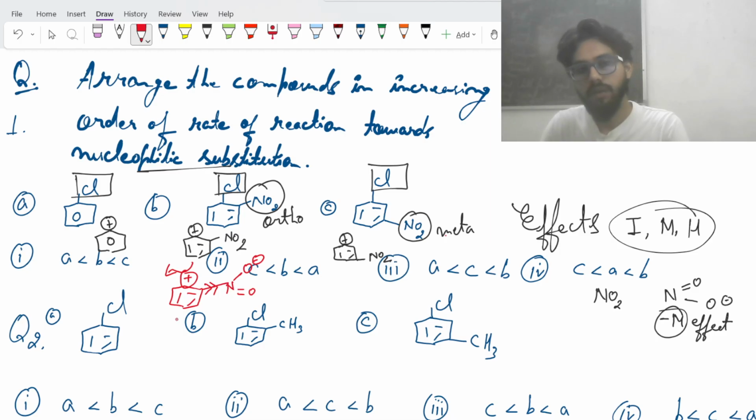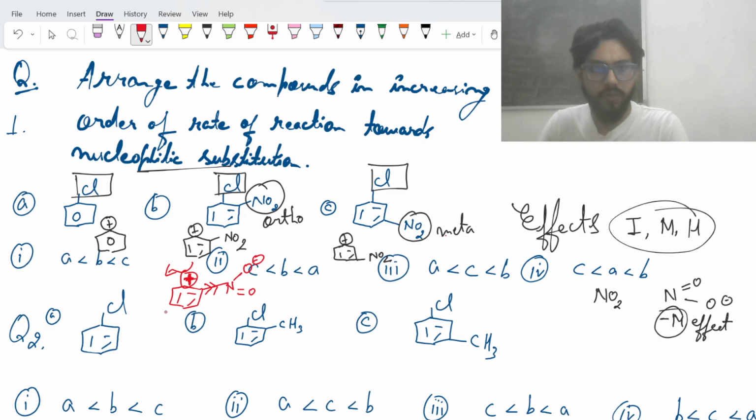And when it withdraws the electrons, what will be the effect on this positive charge? The positive charge will increase, because the ring will lose the electrons. So that's why the positive charge density will be high at this particular point.